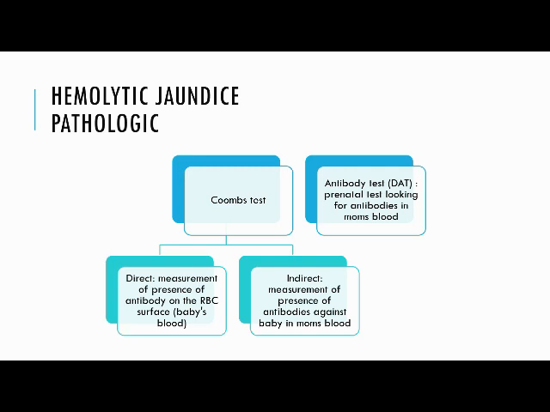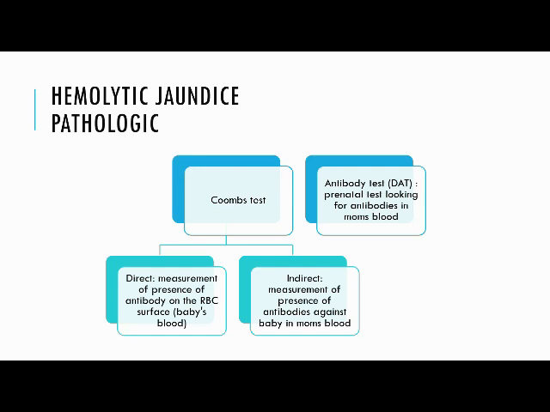So you've got a fast rate of rise, and you want to know what is going on. Is this attributable to hemolysis? And is it because mom has made antibodies that are now attacking baby's red blood cells and making them hemolyze? So the Coombs tests are done to find certain antibodies that attack red blood cells.